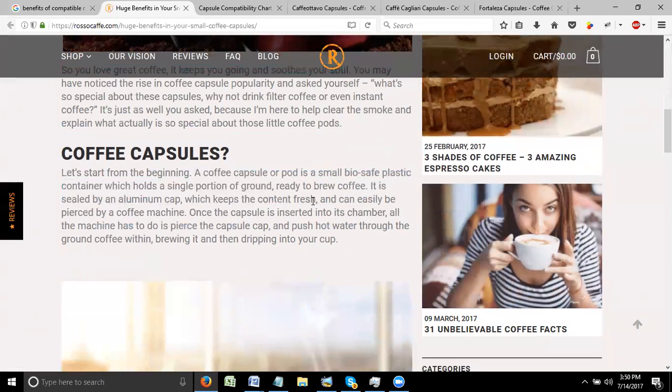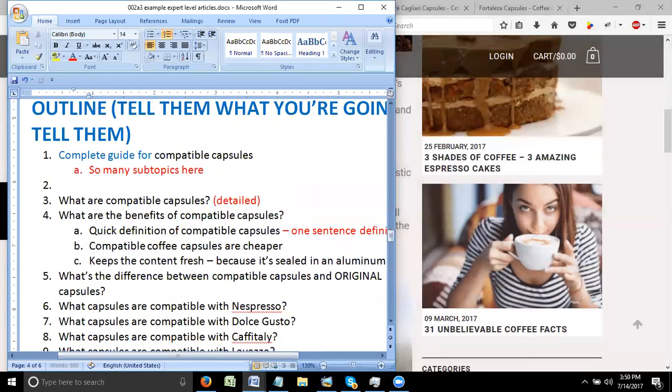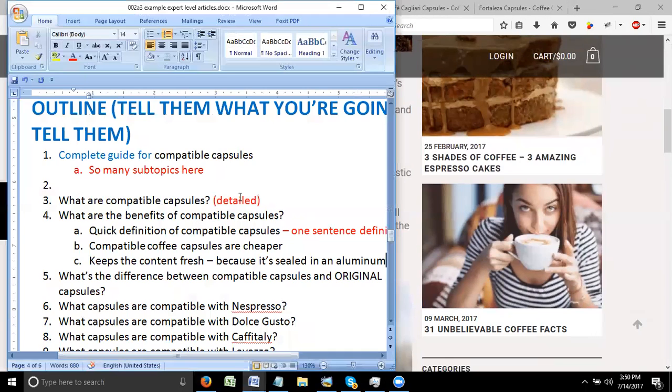Okay, so one of the benefits, it seems, is it keeps the content fresh. Why? Because it's sealed in an aluminum, and I forgot the word for it, an aluminum cap.